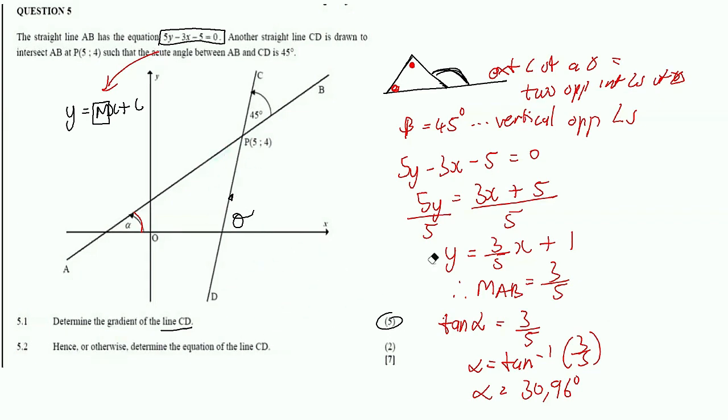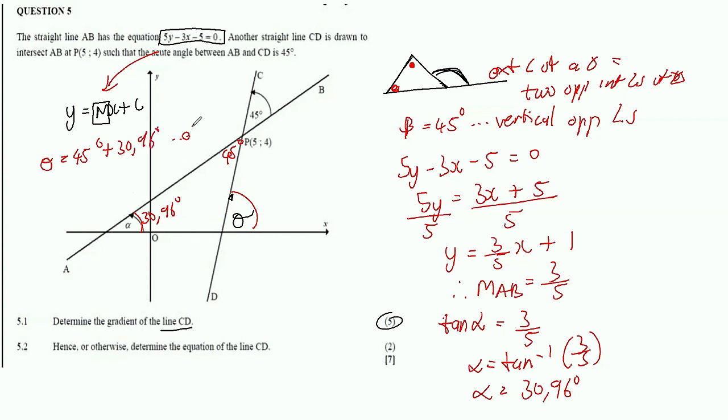Okay, but then we are looking for the gradient of CD. Let's not get carried away. Remember here we had 45, and now we just found that that's 30.96. But then we just discovered this theorem here that says the exterior angle needs to be equal to the two opposite interior angles. So that means our theta is equal to 45 degrees plus 30.96 degrees.